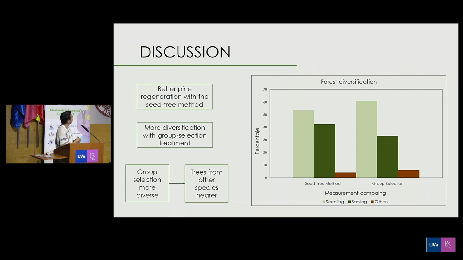As we can see, there is a better pine regeneration, if we look at the one that we want, the saplings, here in the seed tree method. However, we can see more diversification with the group selection. Here we have more other species, mainly Quercus. Why can this be? Because inside that forest we found more other species, so the seeds can go there easier.